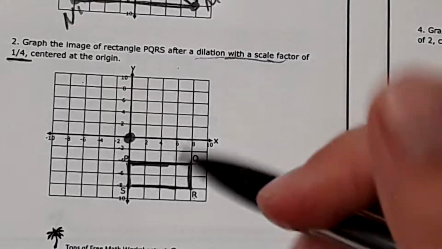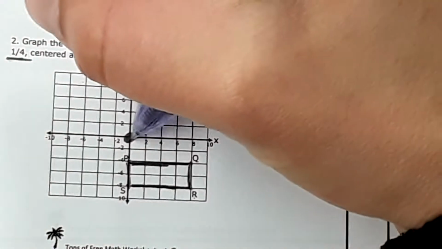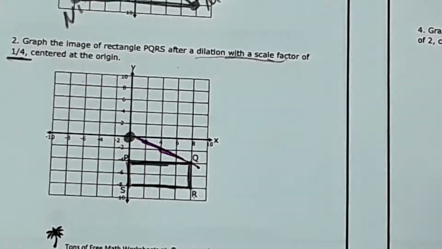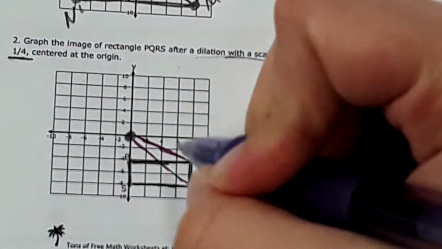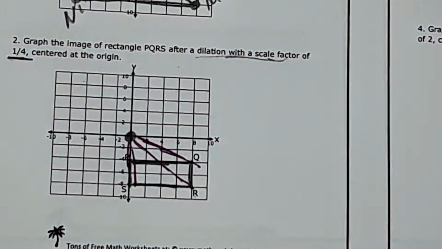Notice how it's not really on top of the origin, but the dilation is still centered at the origin. What that means is these strings that are attached to each corner will shorten by 1/4. So the actual image after the dilation will look like this.